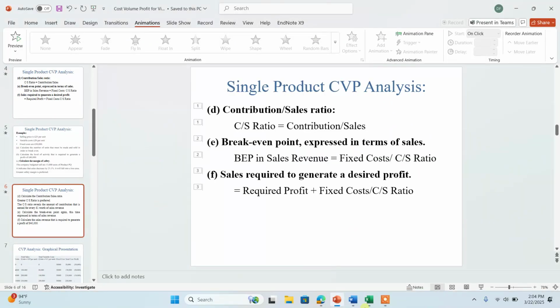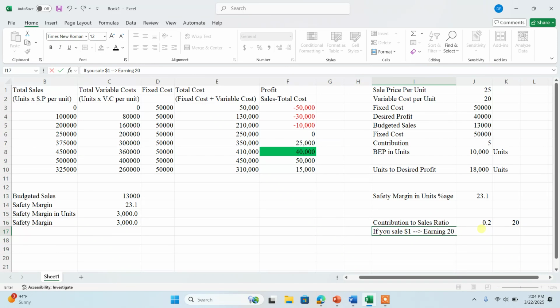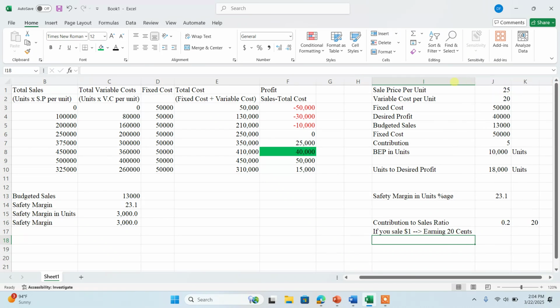In this case, if you make a sale of $1, you are earning 20 cents. Out of $1 of sales, you are earning 20 cents. If you make $2 in sales, you will be earning 40 cents, which is the 20%.